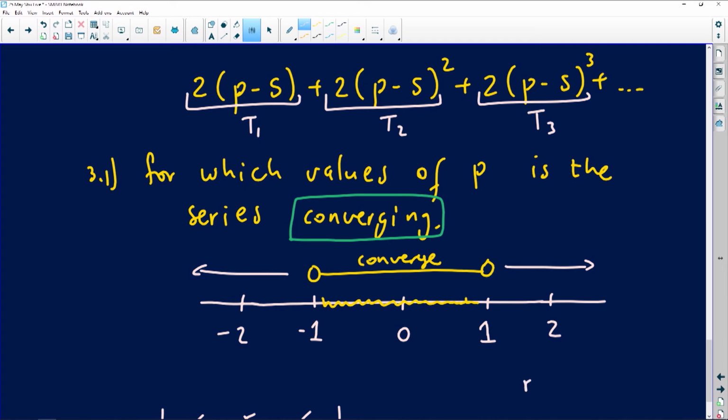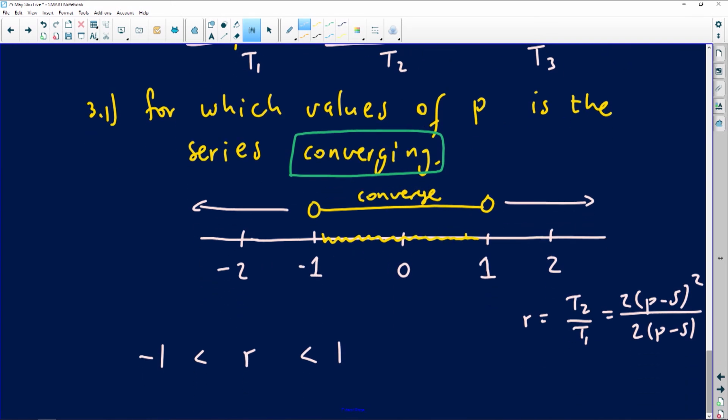So my R is going to be T2 divided by T1, which is 2 into (p minus 5) squared divided by 2 into (p minus 5). The 2's will cancel out because 2 and 2 divide each other out, and then there's (2p minus 5) squared on the numerator, one of them on the denominator, so that just leaves us with (p minus 5).